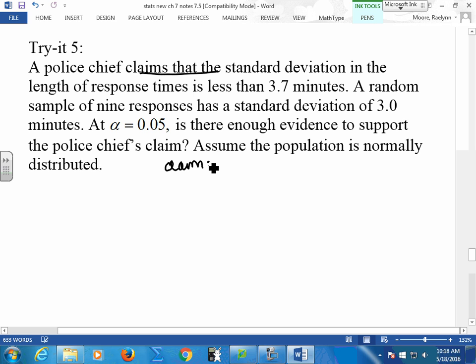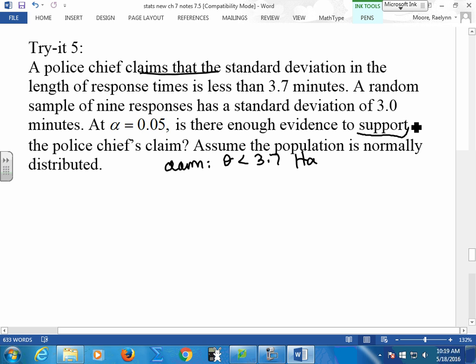The claim is that the population standard deviation is less than 3.7 minutes. Okay, so how am I going to write that? Sigma less than 3.7. Good. H0 or HA? HA. And what confirms that it's an HA? It's not equal to, but what word later on? What ties it in?